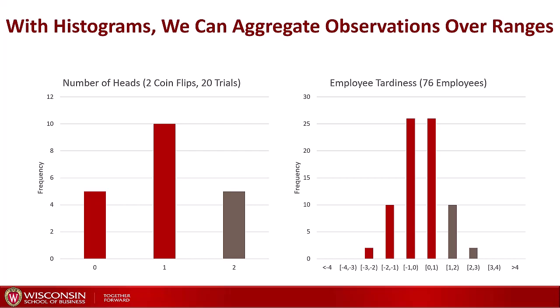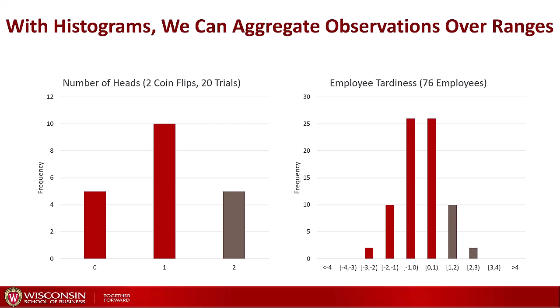We can do something very similar for the histogram of employee tardiness. Say, for example, we wanted to know the number of employees that were less than 1 minute late to work. Well, all we have to do is add up all the bars representing employees that were less than 1 minute late to work. So we have the first bar, which is between -3 and -2, but not including -2.